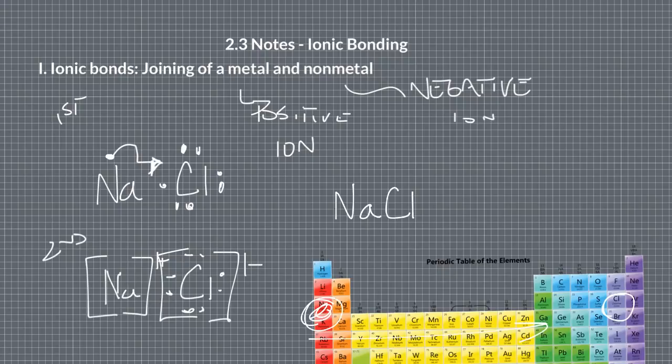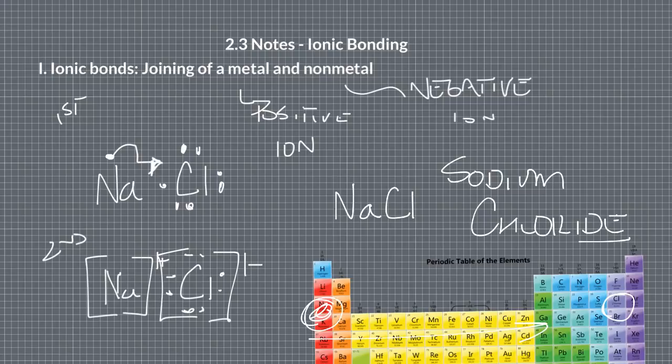So I write sodium first, chlorine second, and the name of this is sodium chloride. The big difference is we've changed the ending of chlorine to ide, I-D-E. You know this as simply salt. Sodium chloride is the official name of salt.